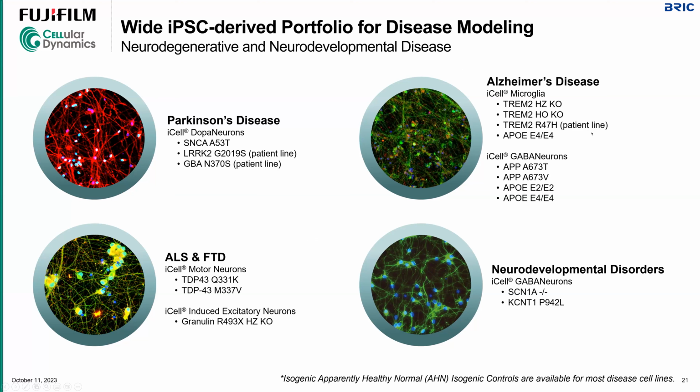The same for Alzheimer's disease, the same for ALS and FTD, and the same for neurodevelopmental disorders, including epilepsy modeling with our KCNT1 and SCN1A models as well. So a lot of data, not only from us, but also from, for example, Molecular Devices on the FLIPR platform, Hamamatsu, and so on, and most importantly, from our customers who are very happily adopting this platform globally.